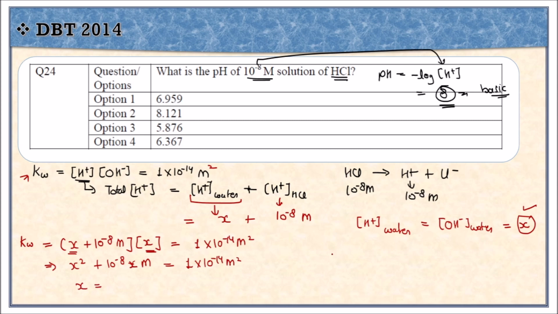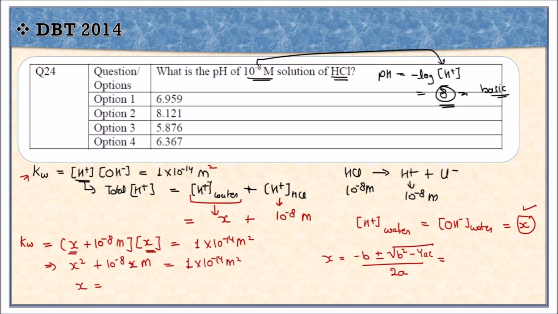So you know the formula is x equals to minus b plus minus under root b square minus 4ac divided by 2a. So either use this formula, and if it is possible solve by mind.